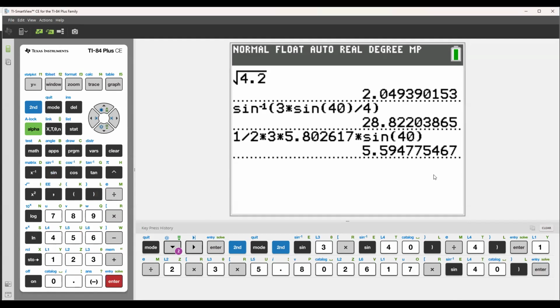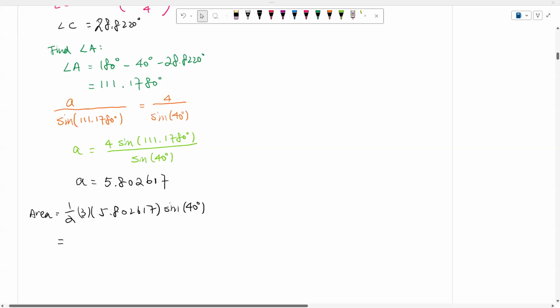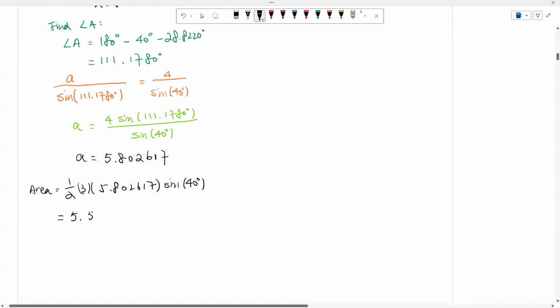Then you find out that the answer that you have is 5.594775, right? Or maybe let us round it to 4 decimal places. So it is 5.5948.